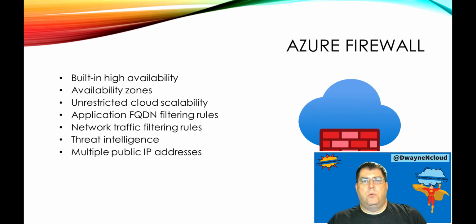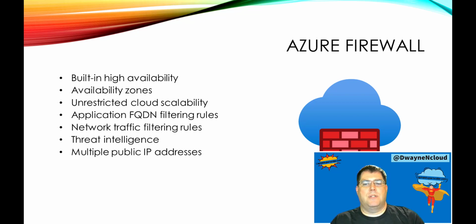We're going to talk about two areas where firewalls can be used within the Azure environment. The first and easiest to deploy, obviously, is an Azure Firewall. The great thing about Azure Firewall is it has built-in high availability and unrestricted scalability. You can create an availability zone configuration for the firewalls to make it very resilient within your environment.